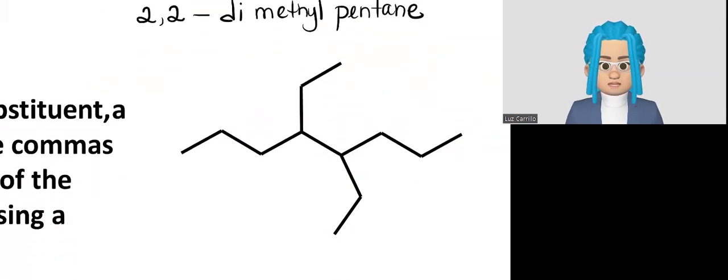Here we have a skeletal structure. When it comes to this skeletal structure, we have 1, 2, 3, 4, 5, 6, 7, 8 carbons in length.